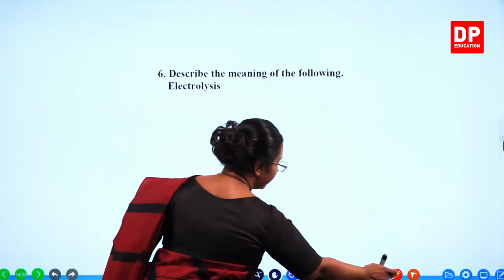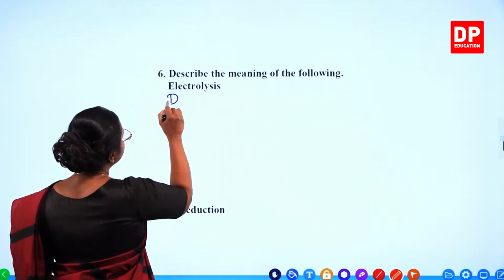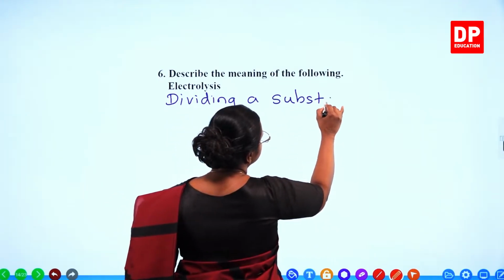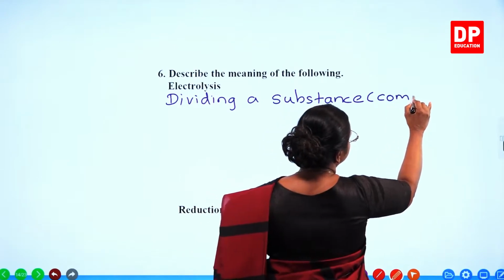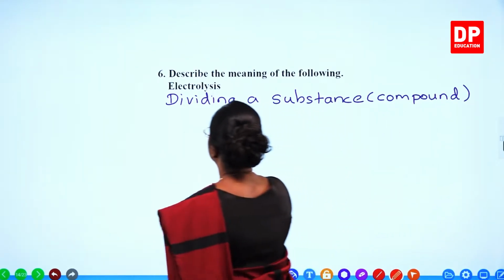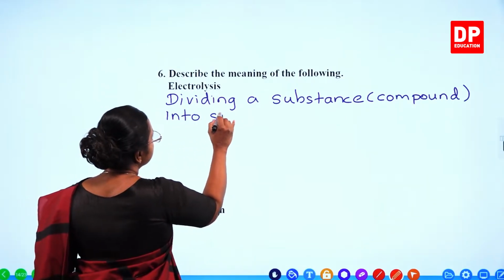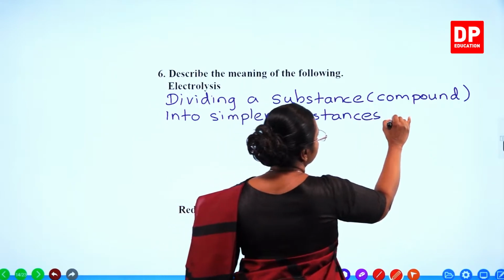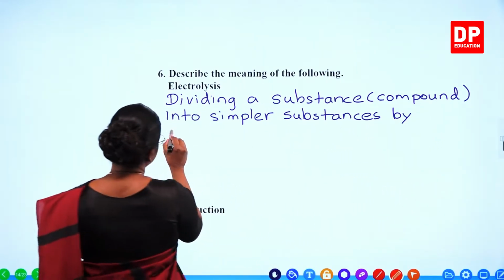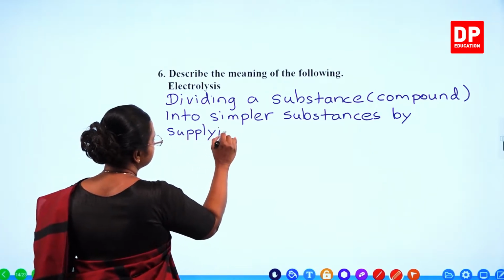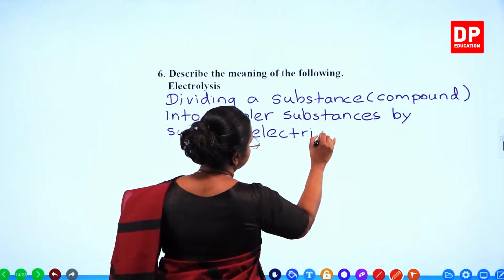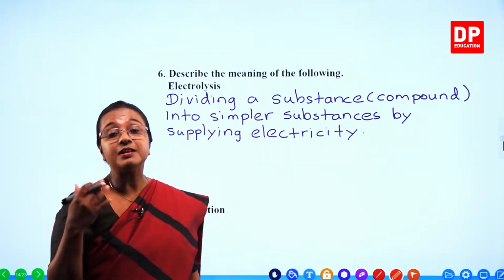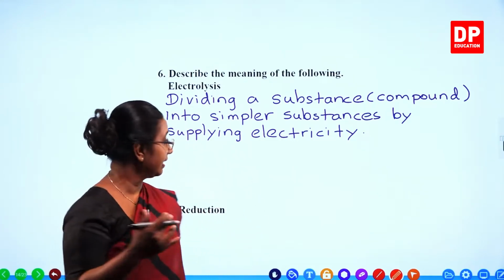If we describe that, dividing a substance, or you can say compound, into simpler substances by supplying electricity, or with the supply of electric current, if you make a chemical reaction to occur, that is also known as electrolysis.